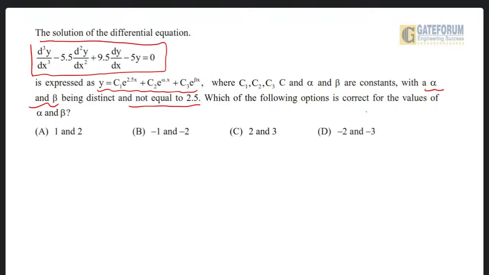Which of the following options is correct for the values of alpha and beta? Okay, so this is alpha and this is beta. We are going to find.